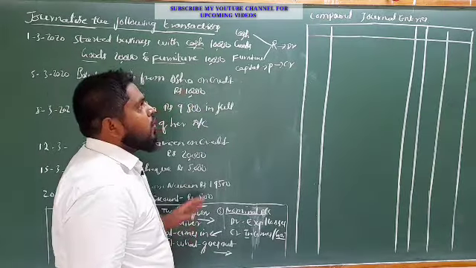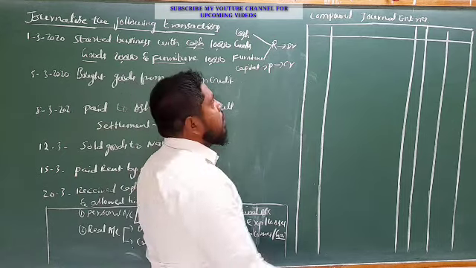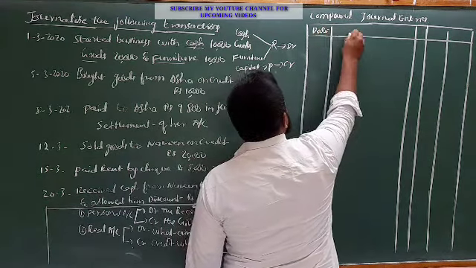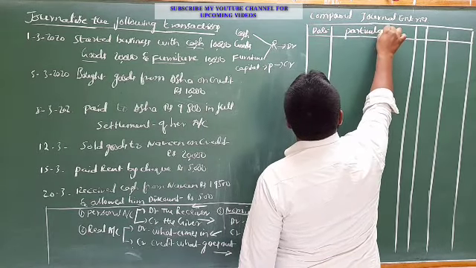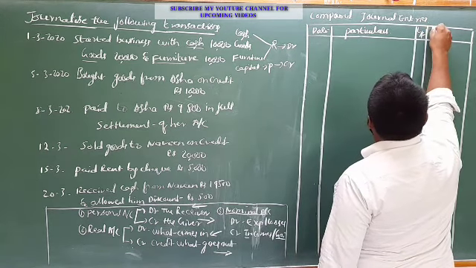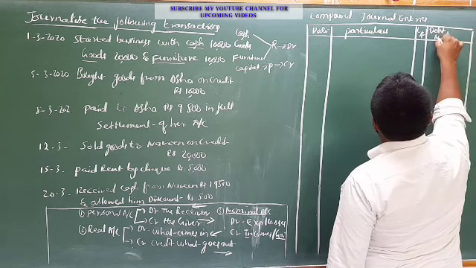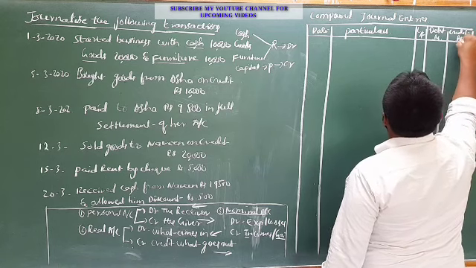Now the same you have to pass into a journal. So date, particulars, LF, ledger folio, debit rupees, credit rupees.